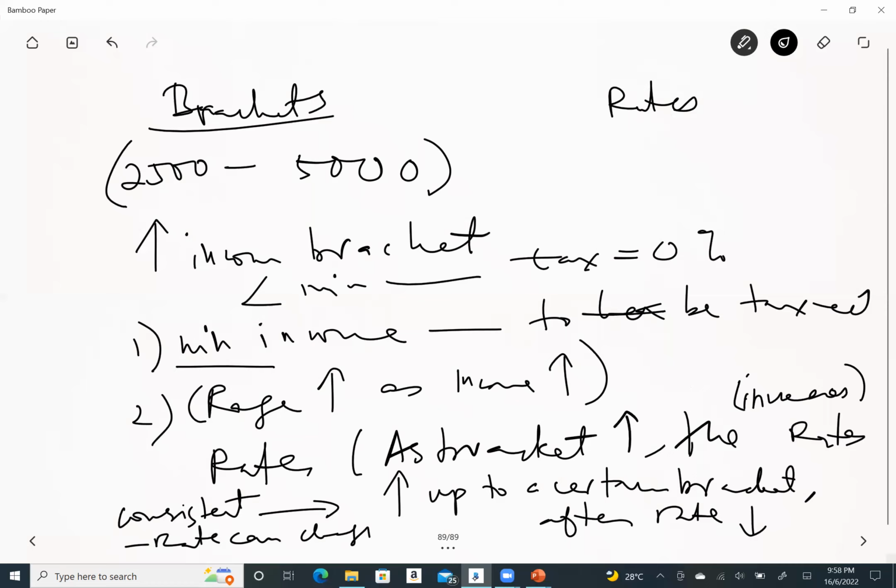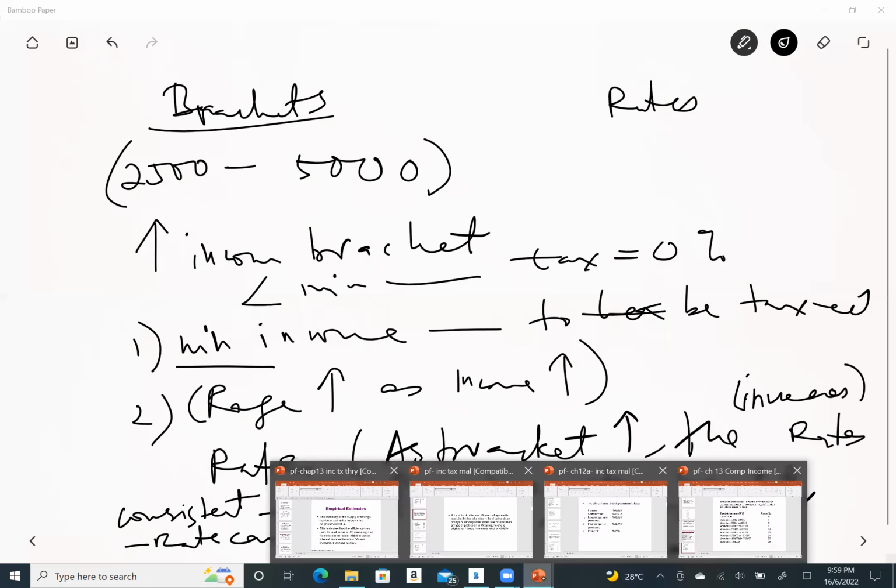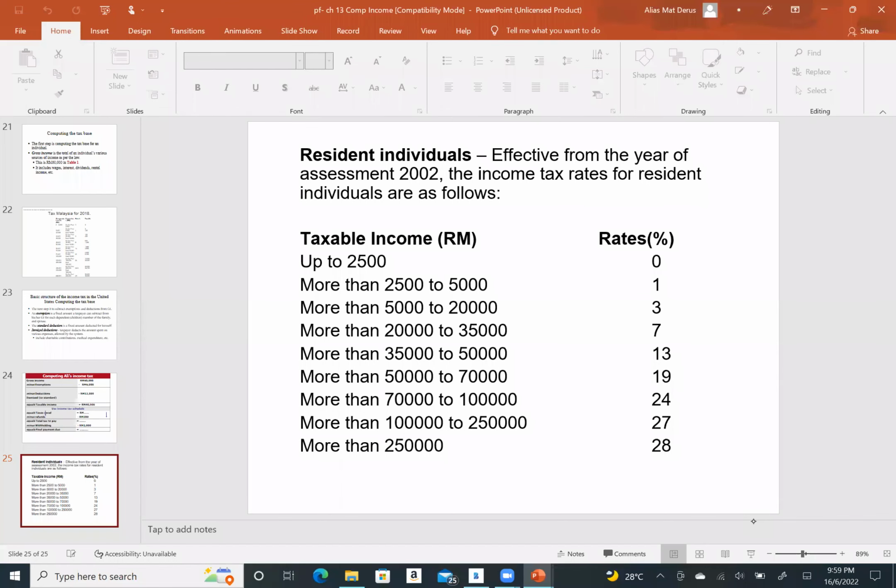After that, the increase decreases. The increase is still an increase, but it decreases. So if you go back, at the last interval, the increase is 1% compared to the previous interval, 3%.